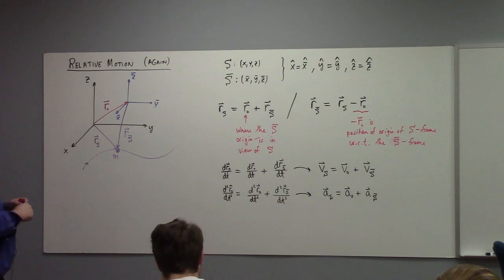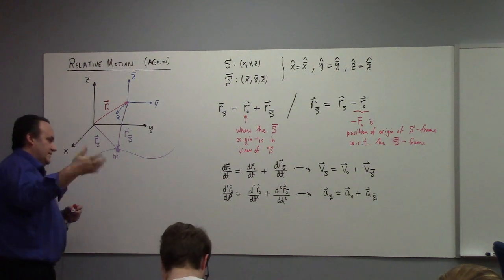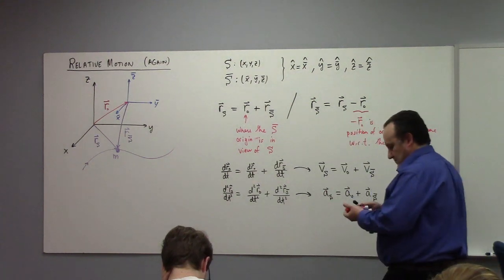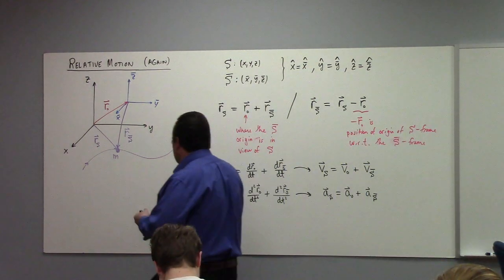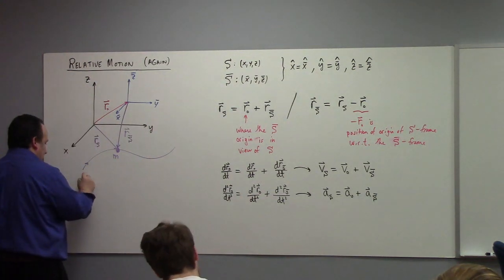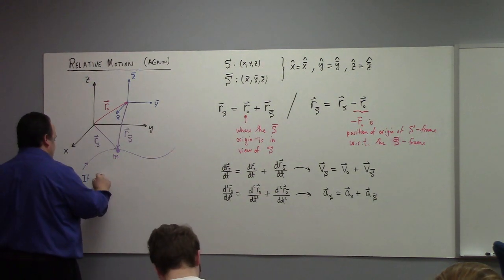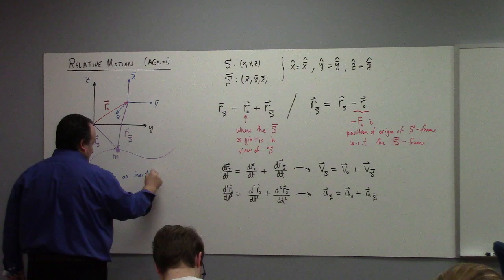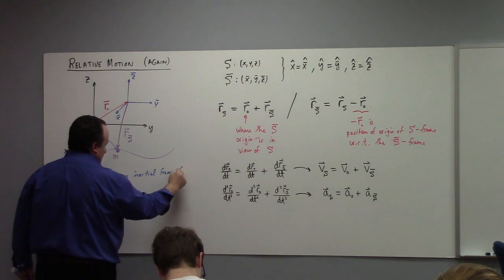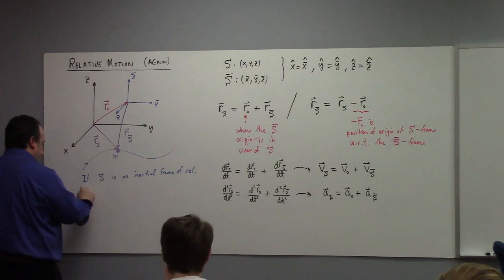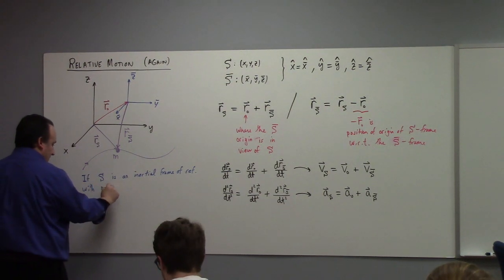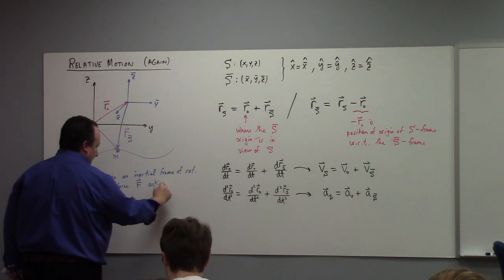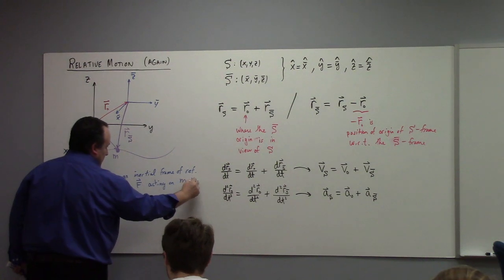So what I said is, let me write over here, if S is an inertial frame of reference with net force F acting on M, then Newton's second law says what?